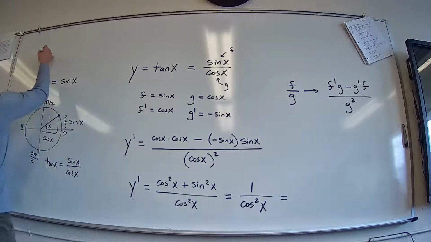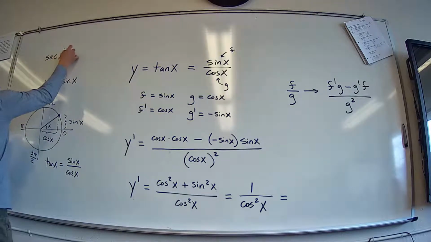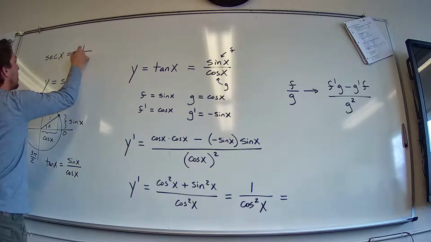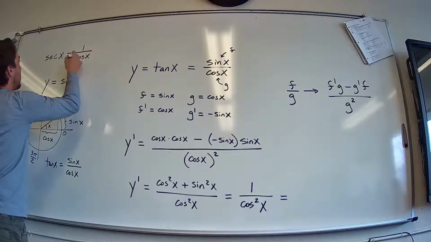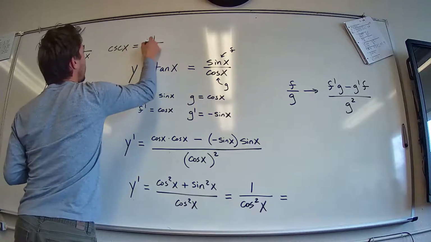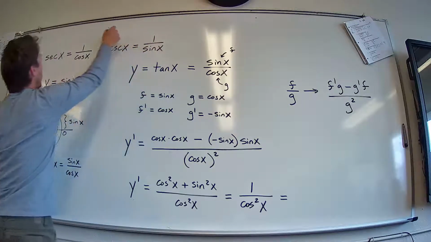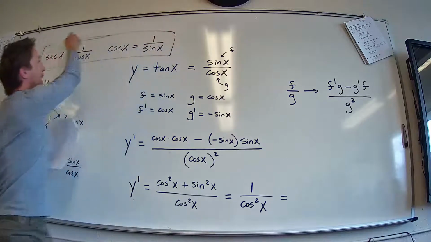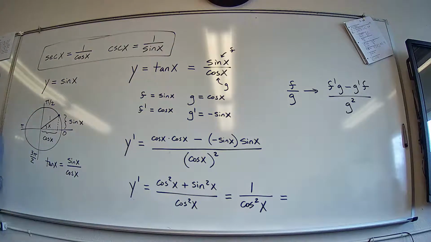There's a hint here. If you look down, you're like, no, we have to do secant and cosecant again. Secant is the reciprocal of cosine, and cosecant is the reciprocal of sine.